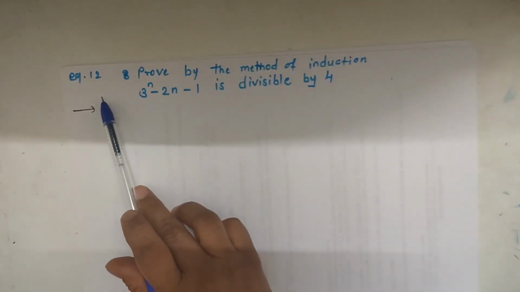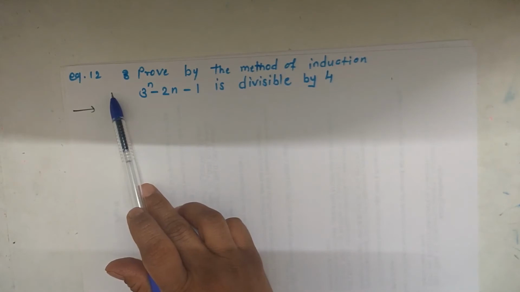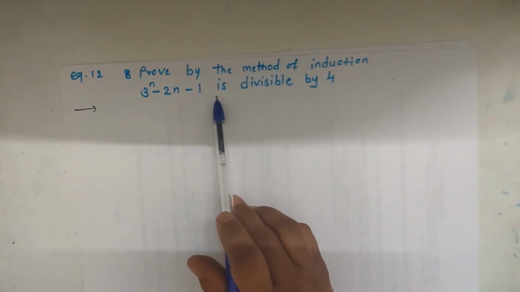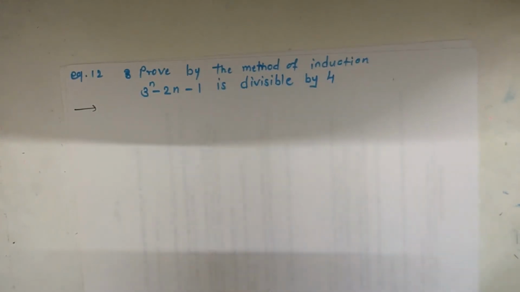Let's see the next example. Example number 12. Prove by method of induction that 3 raised to n minus 2n minus 1 is divisible by 4.